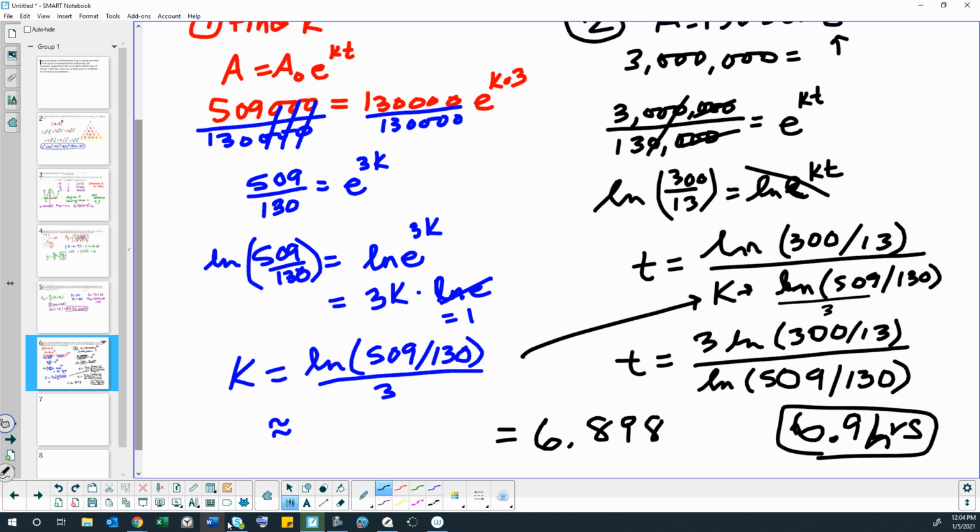Can anyone tell me why? Did I round my k value? No, I used the whole thing in my problem. I used the entire k value, so that's what I got when I did that.